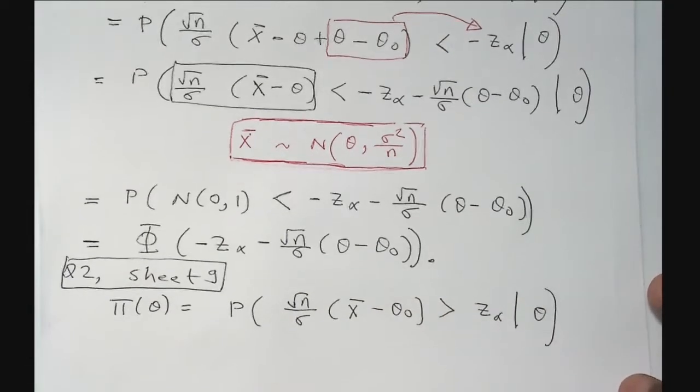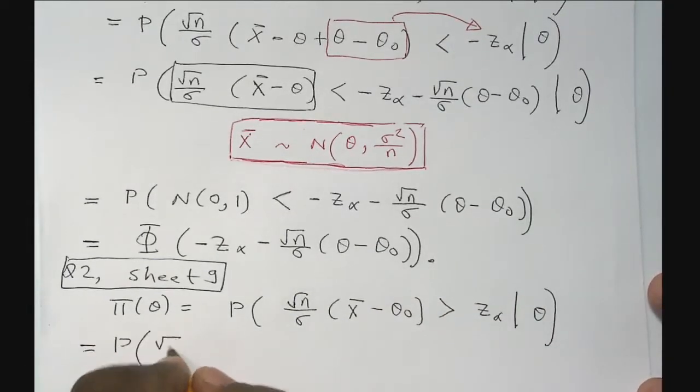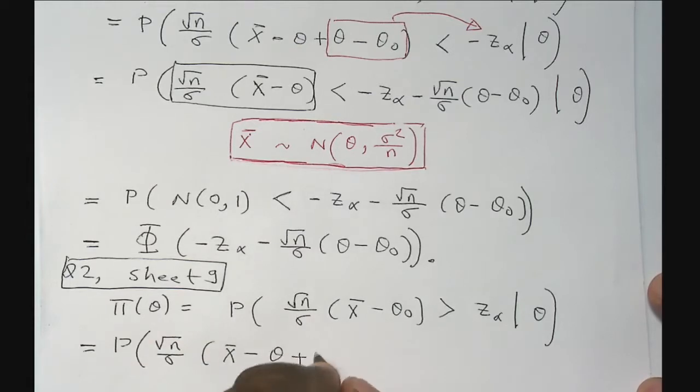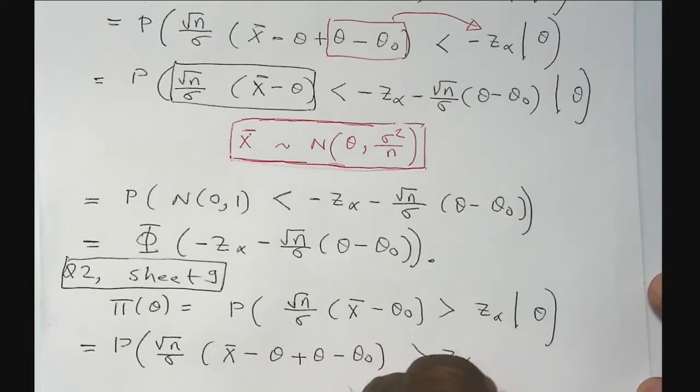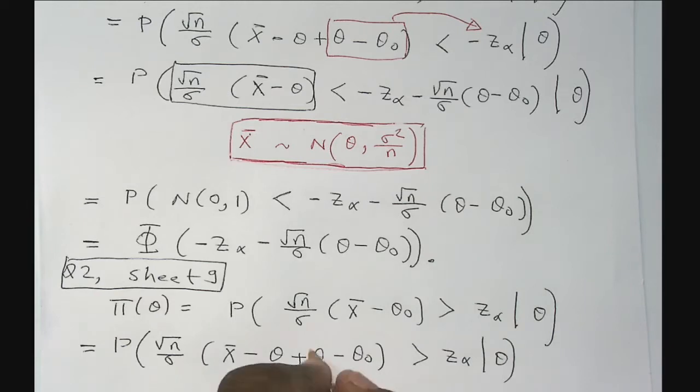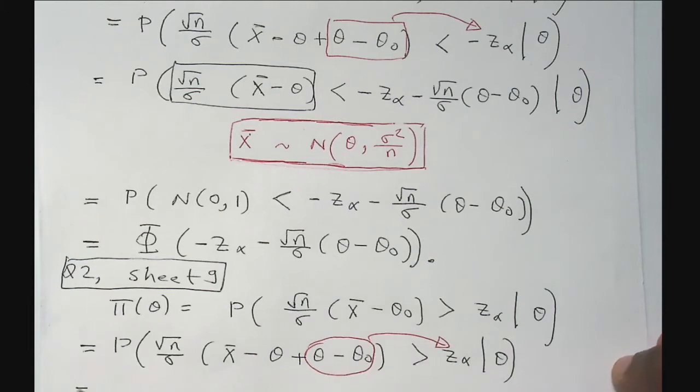Once again, I do the same thing as before. I replace theta 0 by theta, so I need to add theta, and the next step is to take these two to the right hand side.